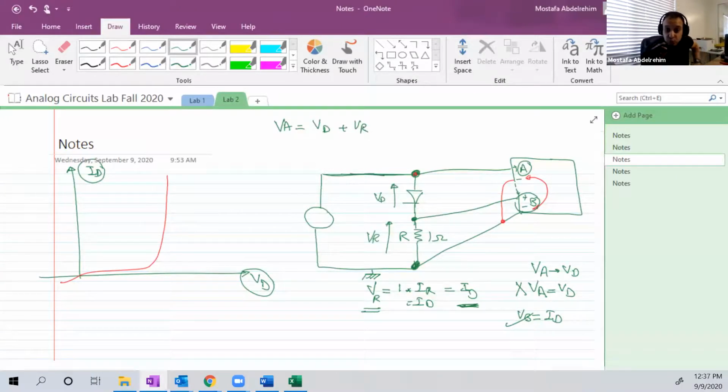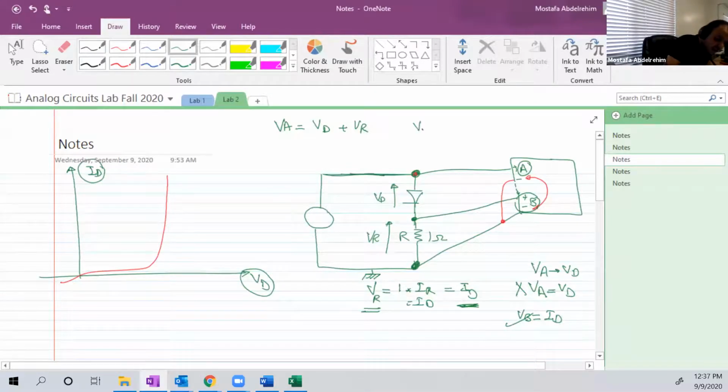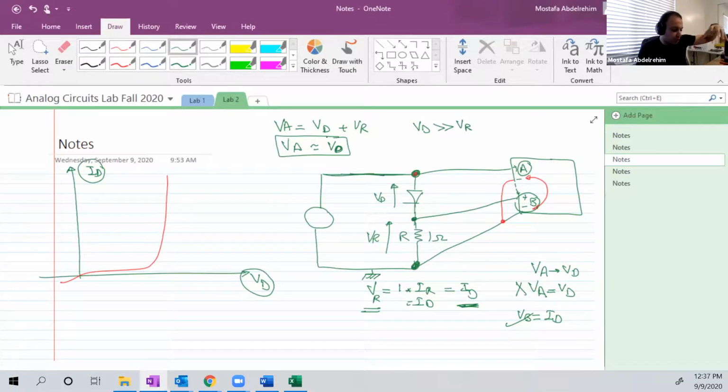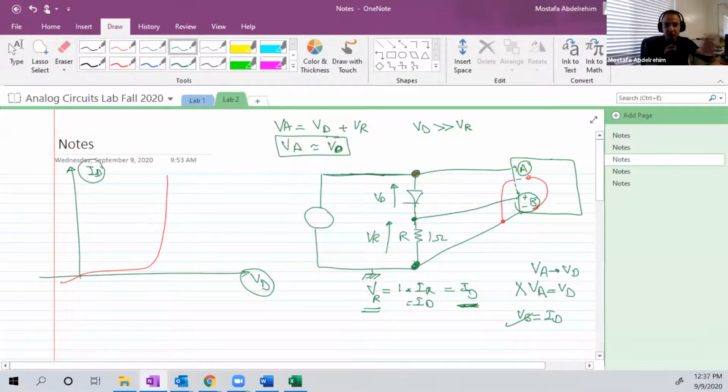Okay? So to get around this, we need VD to be much larger than VR, so that VA will approximately equal VD. Now the question is, how to make VR negligible to VD? We do that by looking at the resistance of both devices.